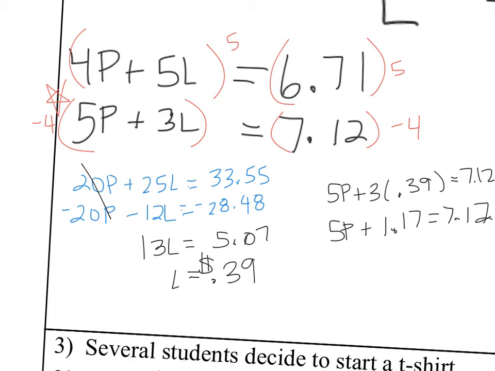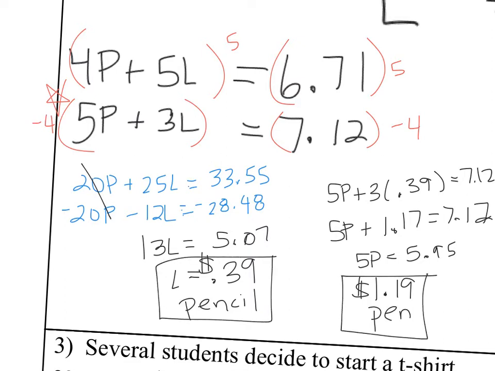So I do 7.12 minus 1.17 and get $5.95. So 5p equals $5.95. If I divide that by 5, I'm going to get $1.19. So a pencil costs 39 cents and a pen costs $1.19.